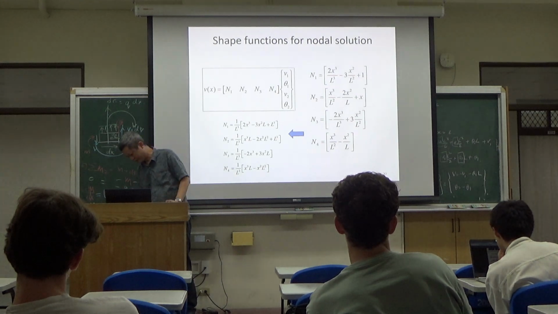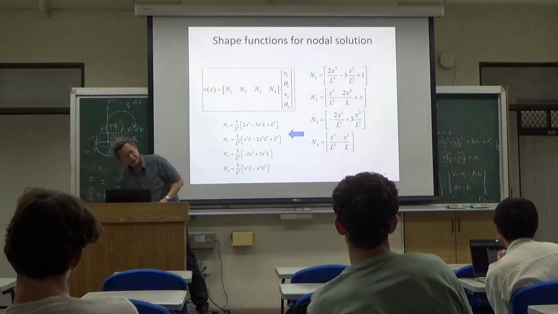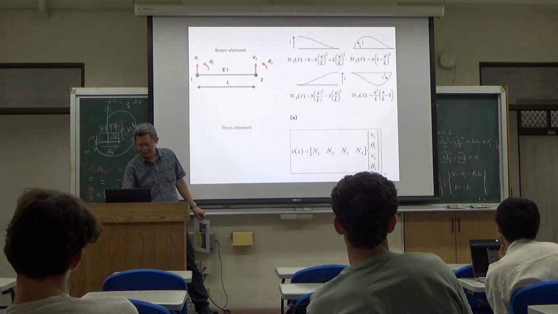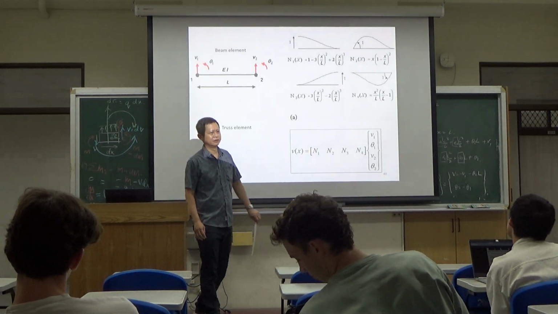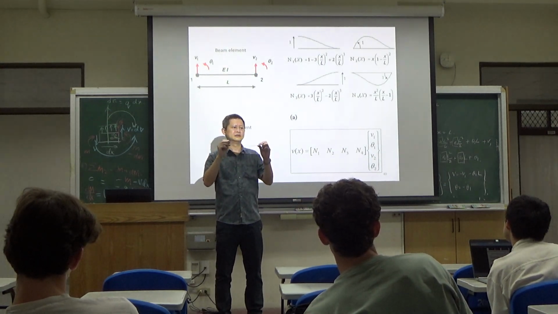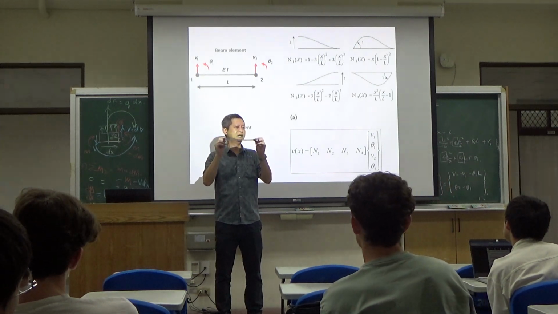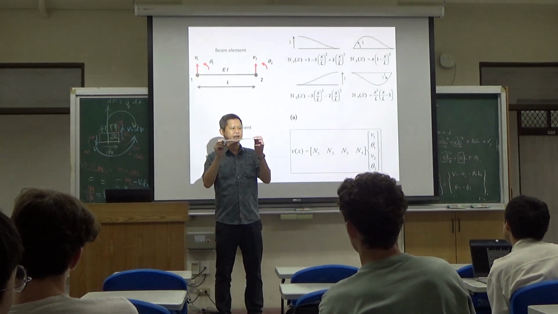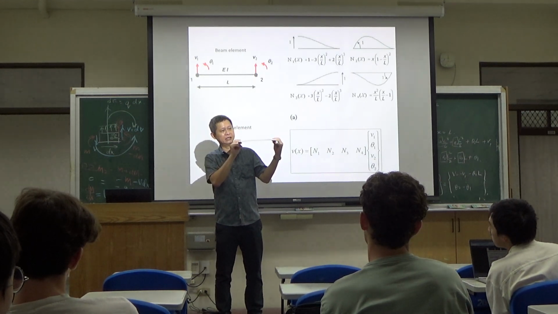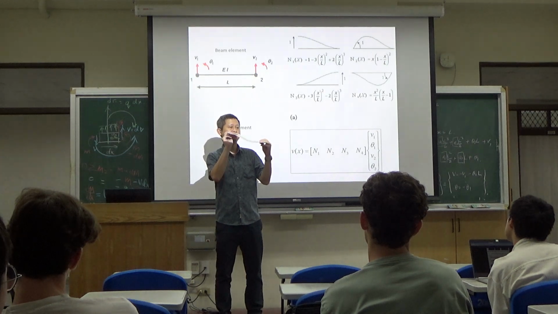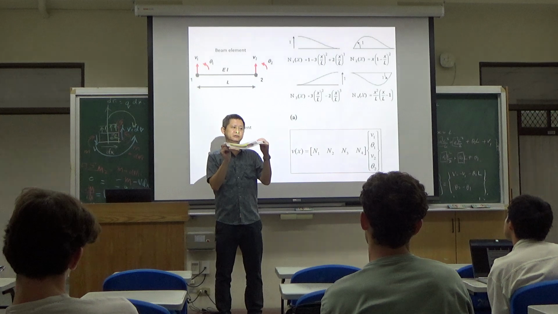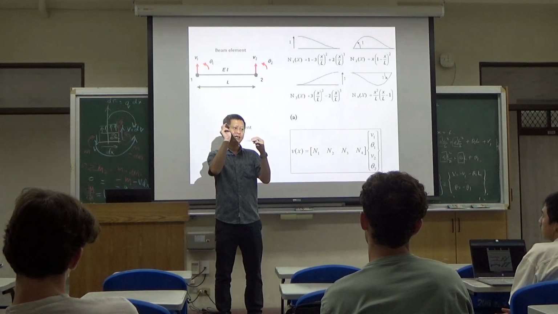Let's have a simple example. What's the shape function? Let's forget about the equation and come back to the shape. This piece is a flexure. I have a right end and a left end. If I fix my left end, then I have my right end moving up with zero deflection angle.